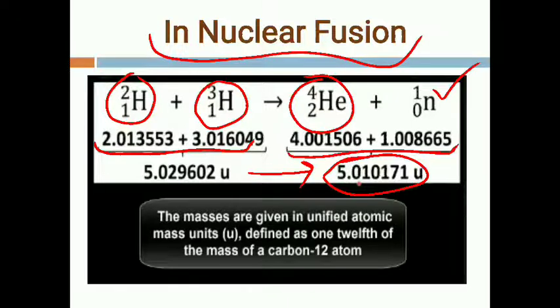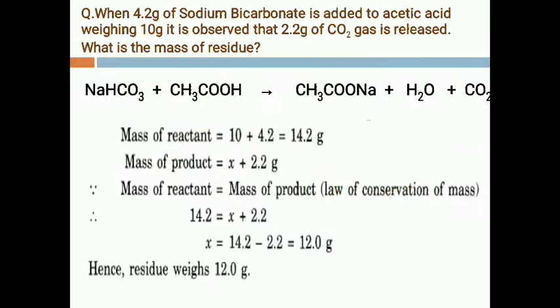If there is some change in mass, it will appear in the form of energy. Otherwise, in normal chemical reactions where the nucleus is not involved, there are no changes in the mass. So this is about the law of conservation of mass.